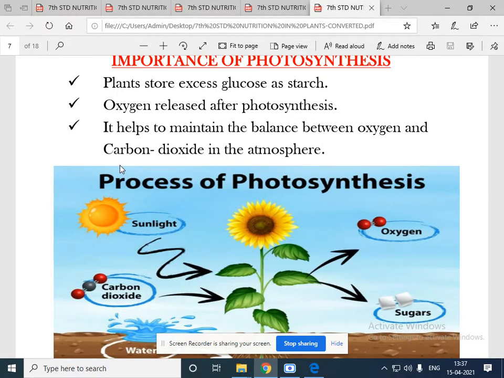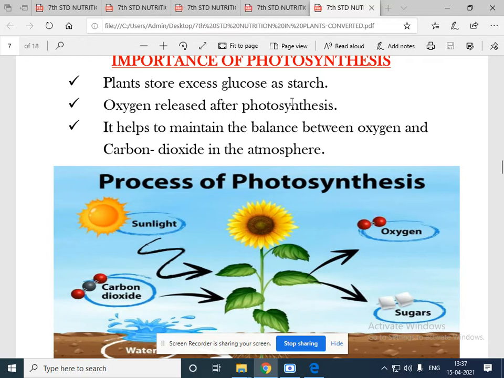Let me clarify once again. Plants store glucose as starch, right? So when animals eat plants, they use this starch for their life processes. Herbivores, you know that. What are herbivores? The animals or organisms which eat only plants. So herbivores depend on plants, and from plants they get starch.